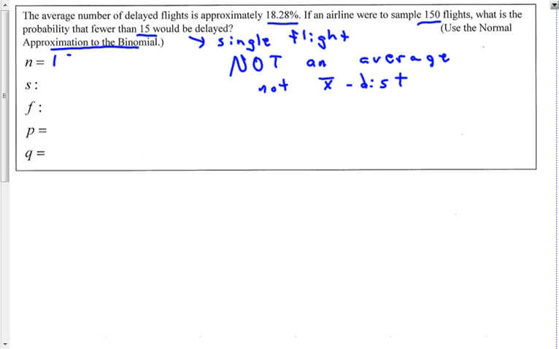Identify in this case n is 150 flights. Since the question is in terms of delayed, S would be delayed. Failure then, F would be not delayed.